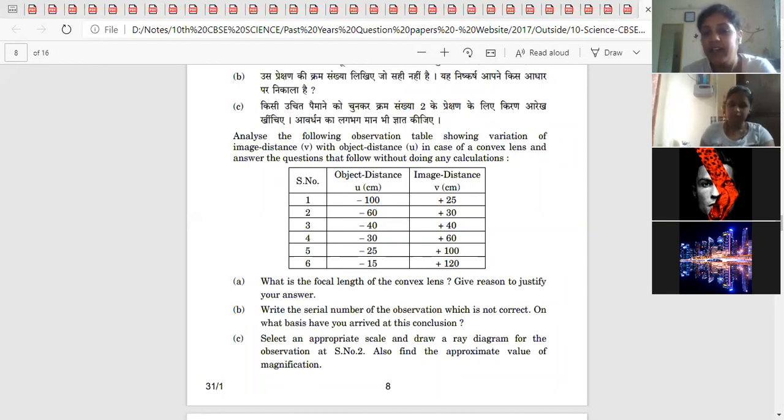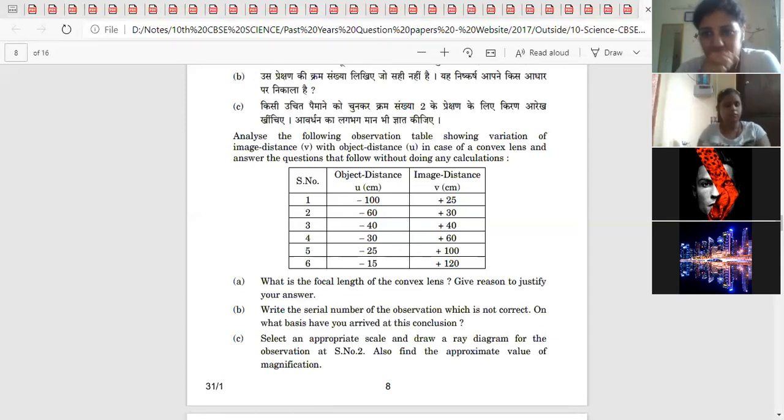And then the scale diagram. Scale diagram means with actual numbers, the values of serial number 2, 60 and 30. When the object distance is minus 60 and the image distance is 30, and the focal length is 20, by using these values, you have to draw the diagram. That means you have to use a scale ratio or a scale diagram, which means you have to reduce the scale.